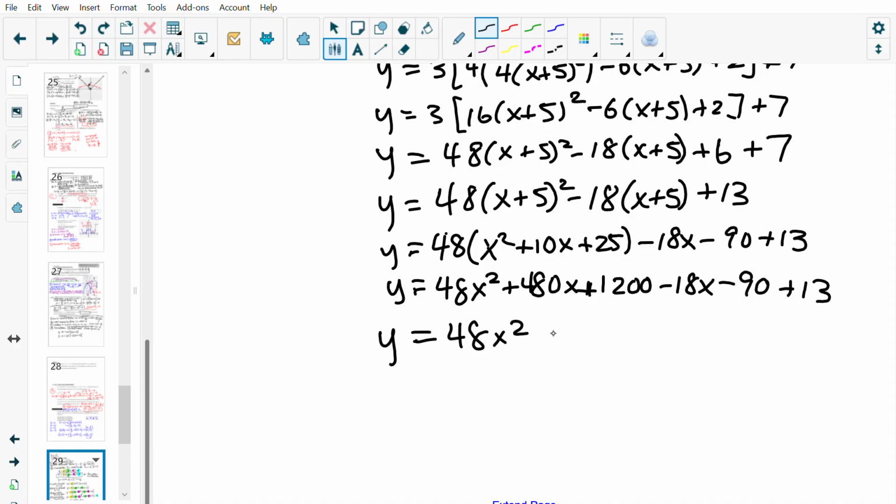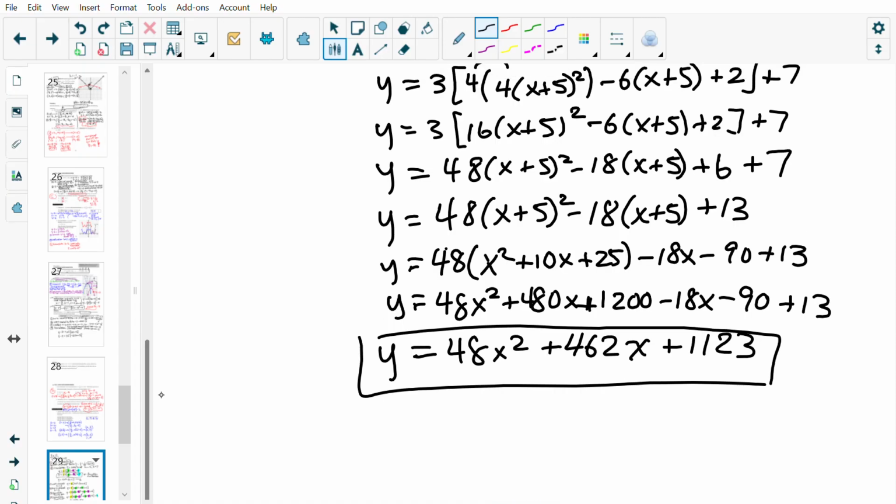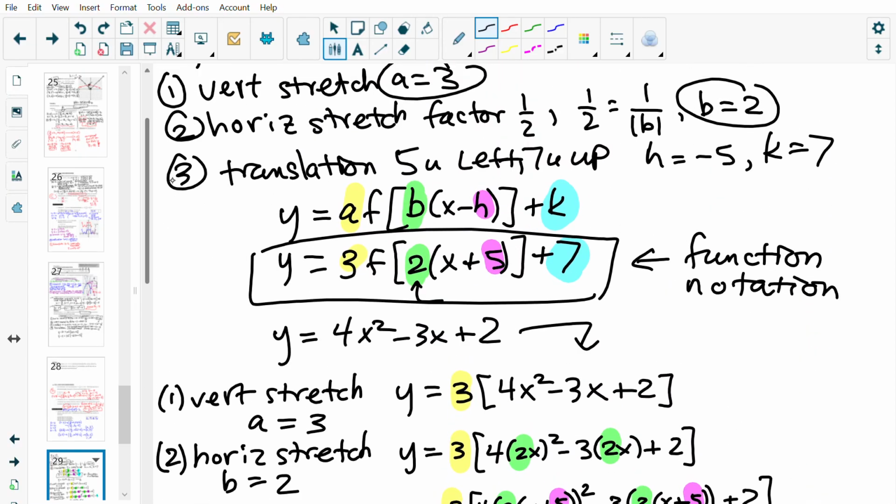Y equals 48x squared plus 462x plus 1123. Wow. That's a big one. Okay.